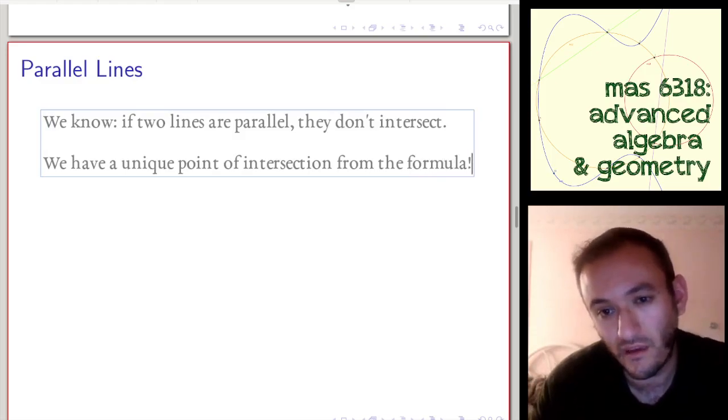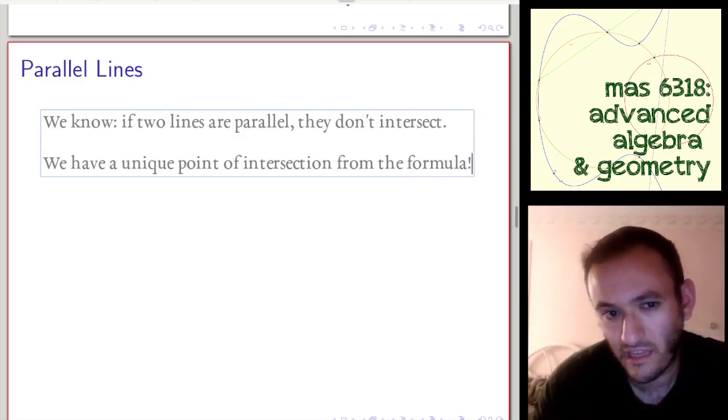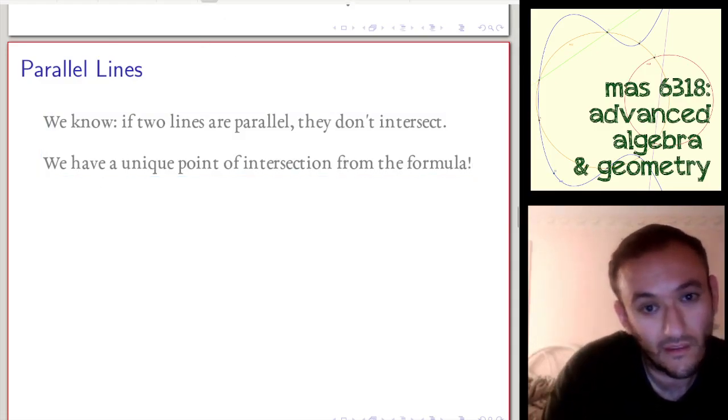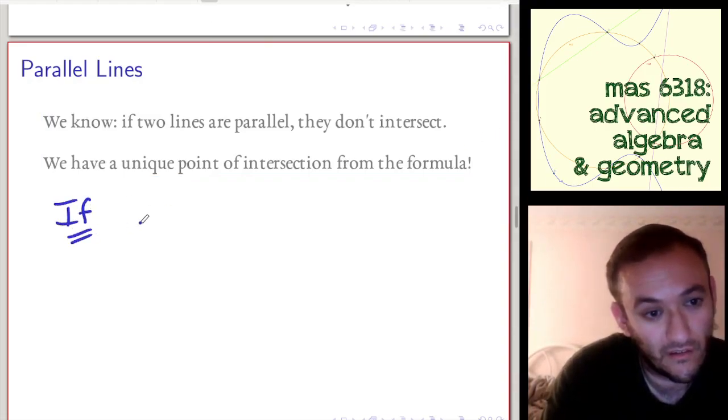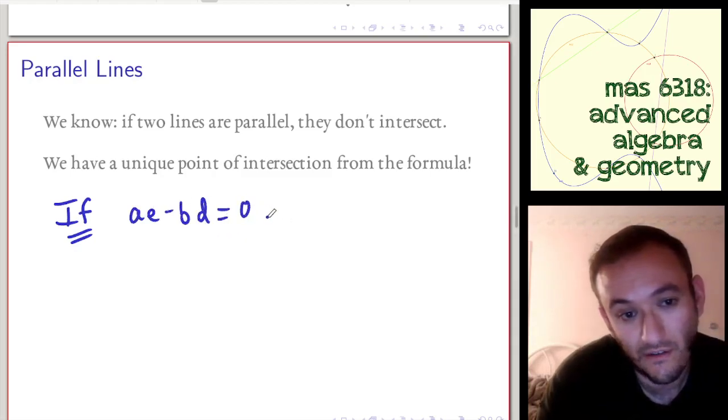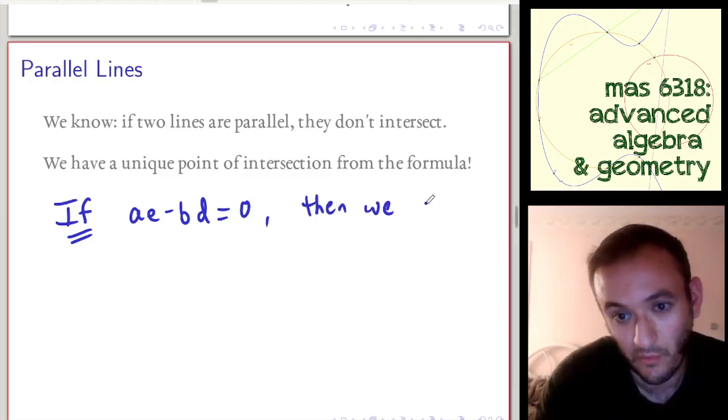So how can we account for the cases where the lines don't intersect? Well, what happened on the last slide? If ae minus bd equals 0, then we don't have a unique point of intersection.